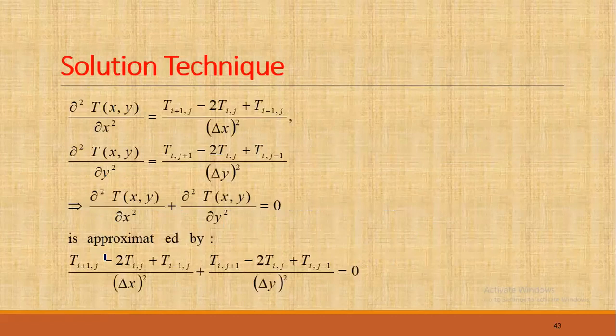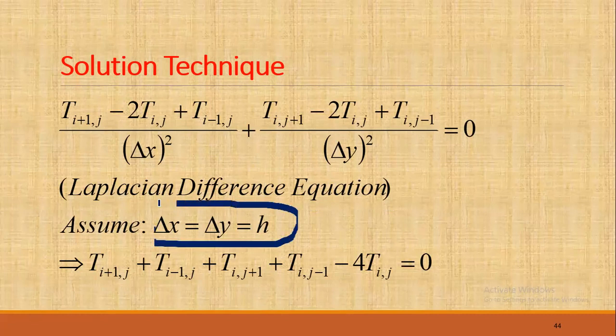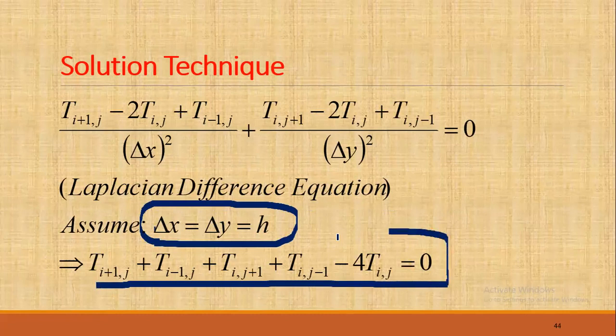Suppose Δx and Δy are the same, h, then our standard equation is T(i+1,j) + T(i−1,j) + T(i,j+1) + T(i,j−1) − 4T(i,j) = 0.